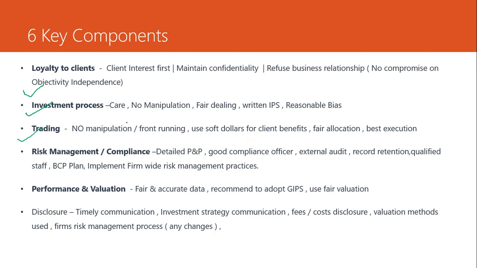Trading, no manipulation, no front running, use of soft dollars for client benefits. Risk management or compliance, have good compliance officers, have an external audit, record retention, have qualified staff. Performance and valuation, fair and accurate data, recommend to adopt GIPS and use fair valuation.